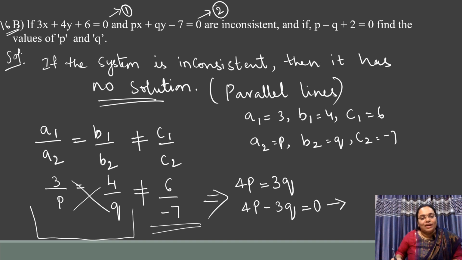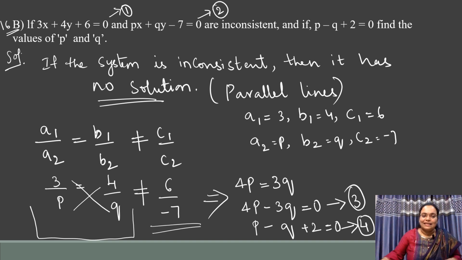This will be your equation 3. Okay, so they have also given p minus q plus 2 is equal to 0. Right? Let us take that. P minus q plus 2 is equal to 0 is your equation 4.